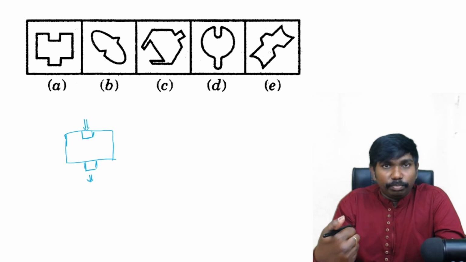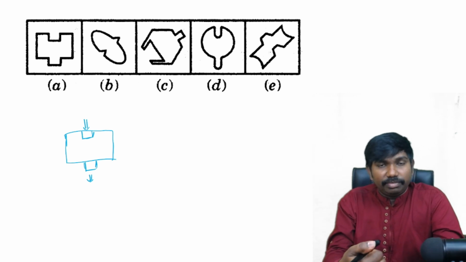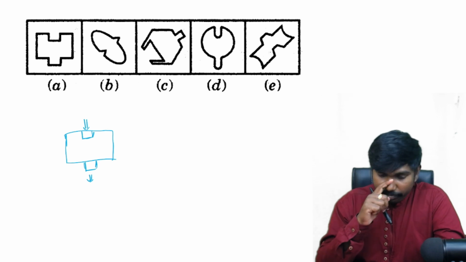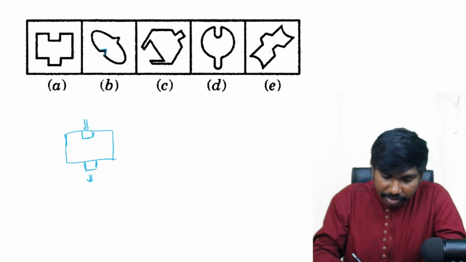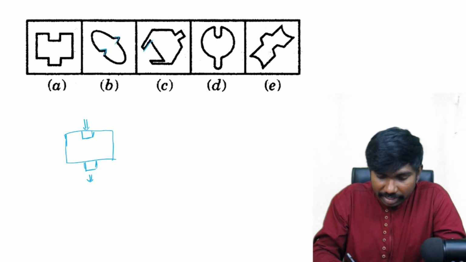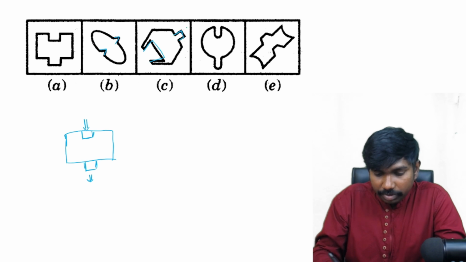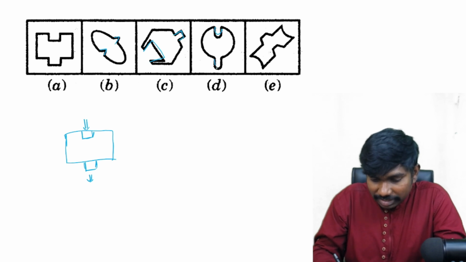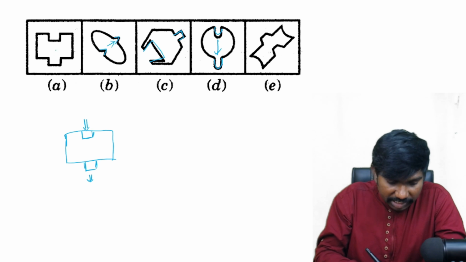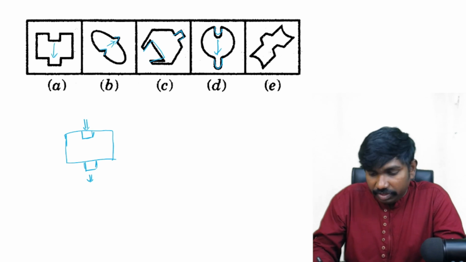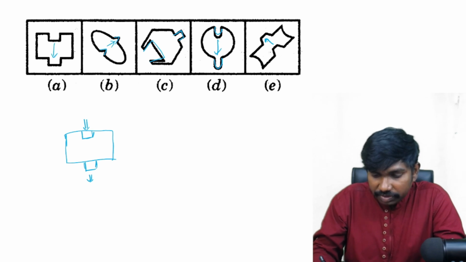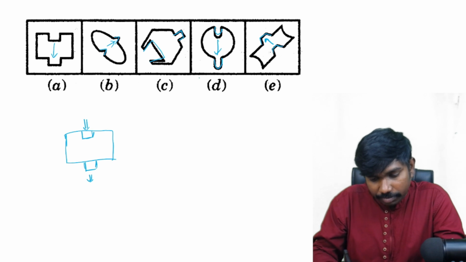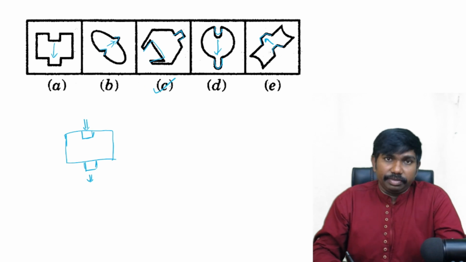If you push on one side, the same shape will come on the other side, right? Here also the same shape on the other side. Here it is not the same shape, and here this is the same shape. This part is pushing this one with the same shape. So the answer is option C.